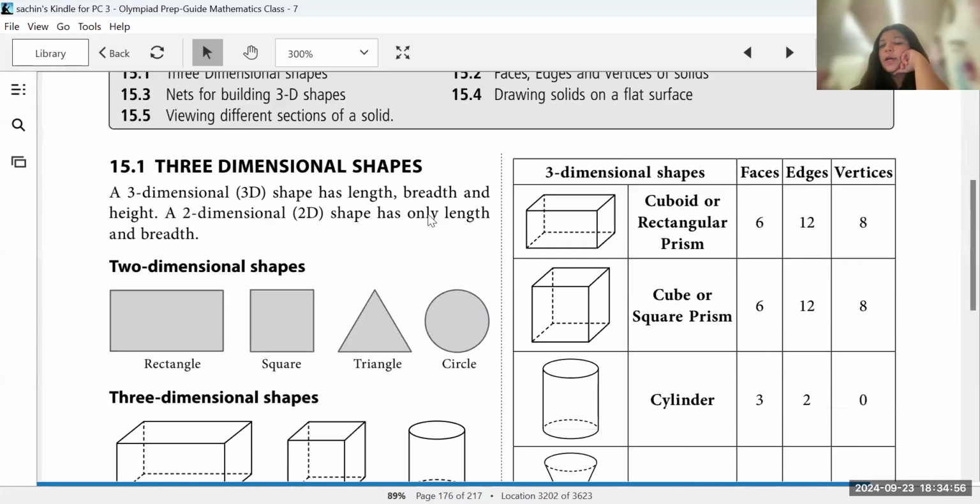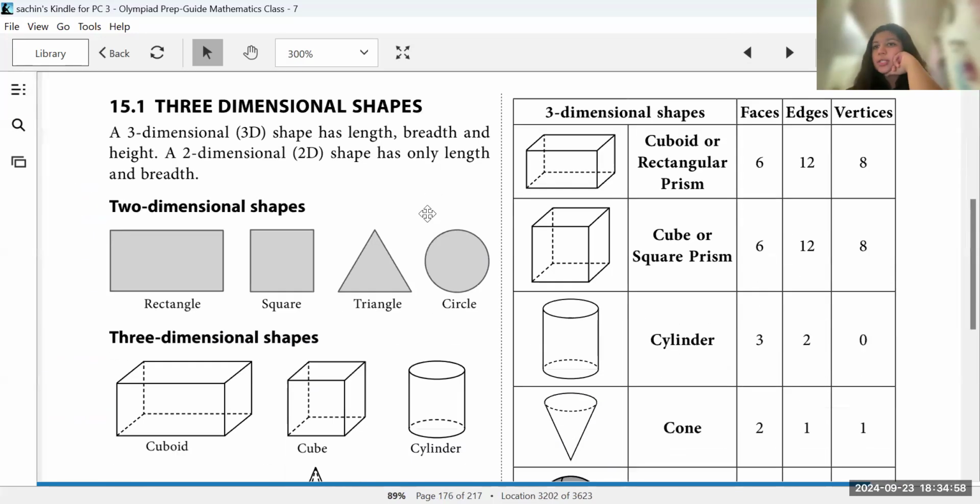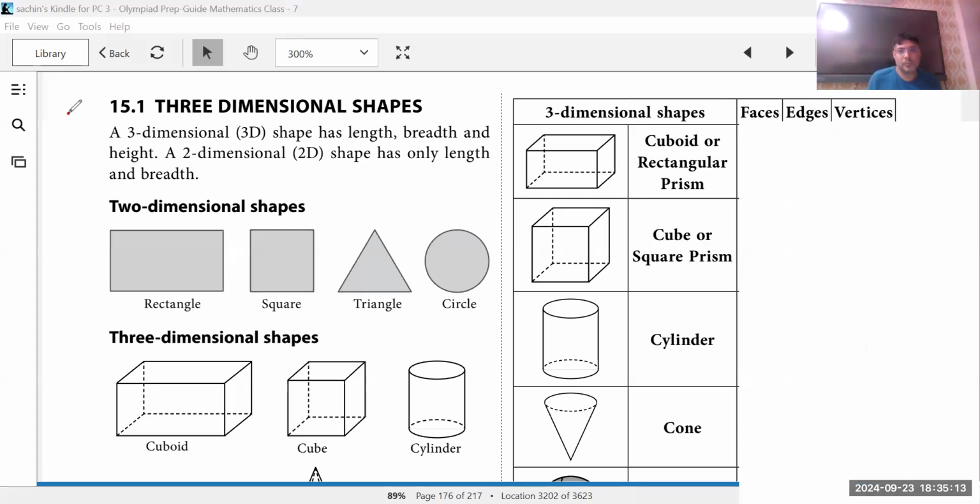So we do addition, subtraction, and supplementary and complementary angles. I will have a word with you.